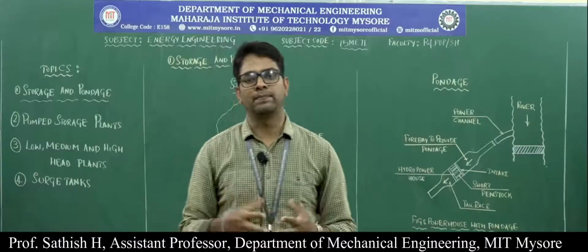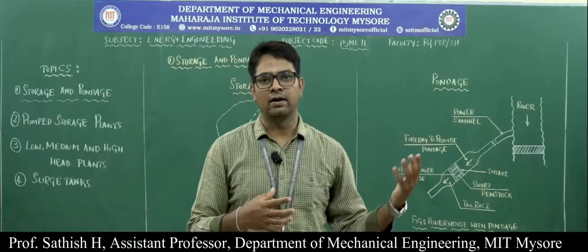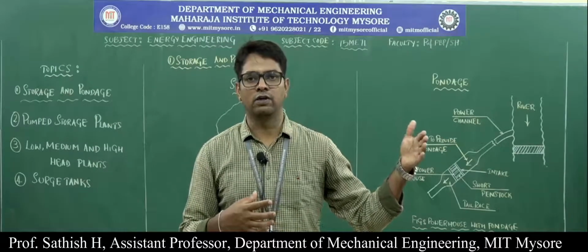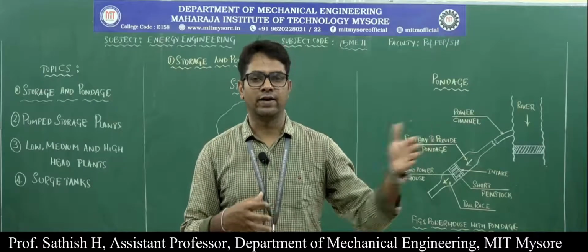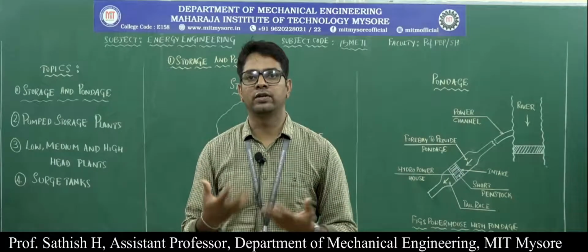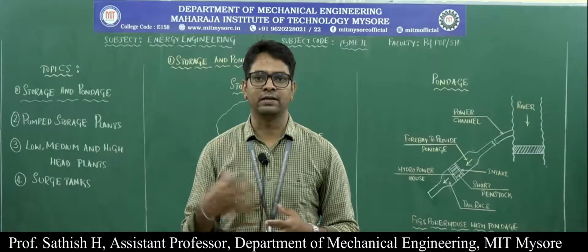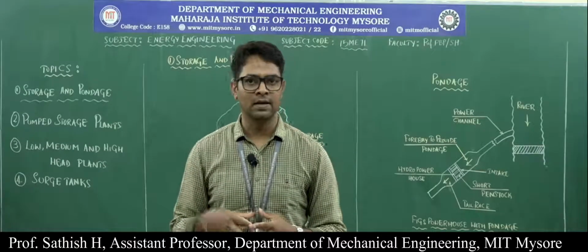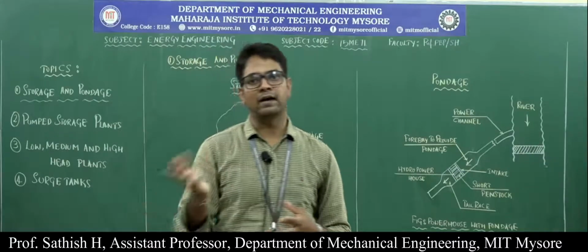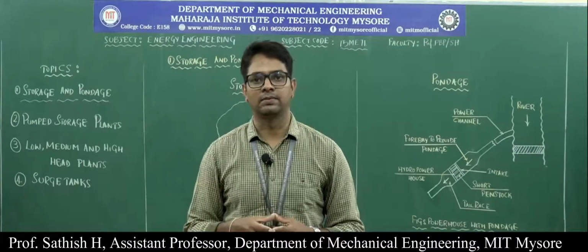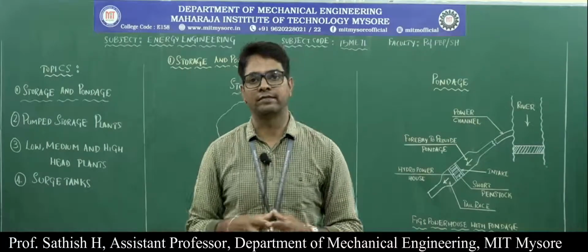During peak load conditions, water flows from the high head reservoir to the low head reservoir, and during low load conditions, when the demand for electricity is less, the water at the bottom is pumped back to the main reservoir.